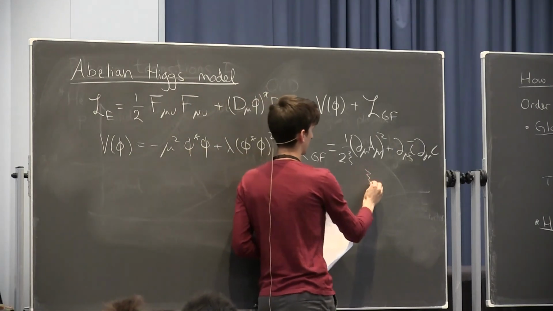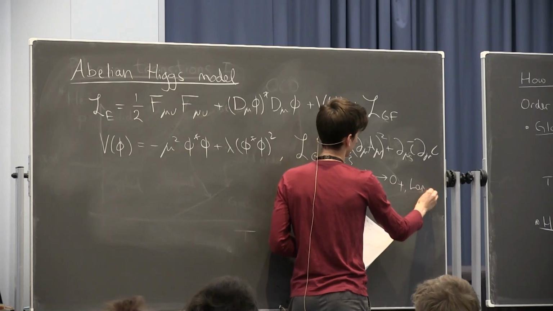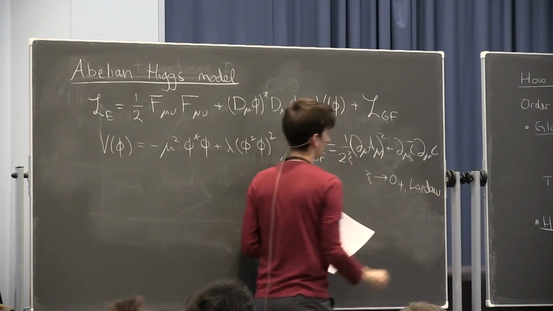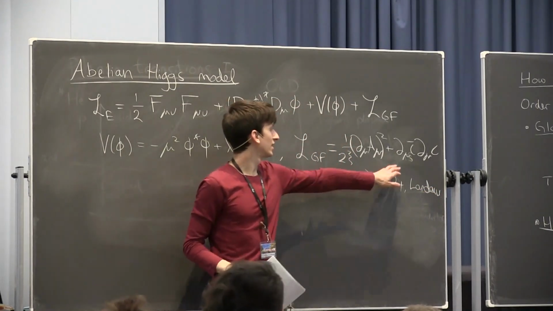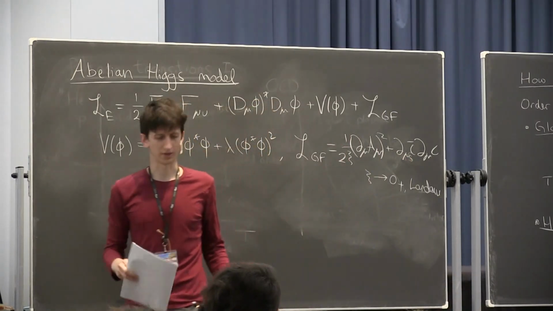And we're going to take the limit psi goes to 0 from above, which is the Landau gauge. Note also that in the abelian theory, the ghosts decouple, so we won't care about them.